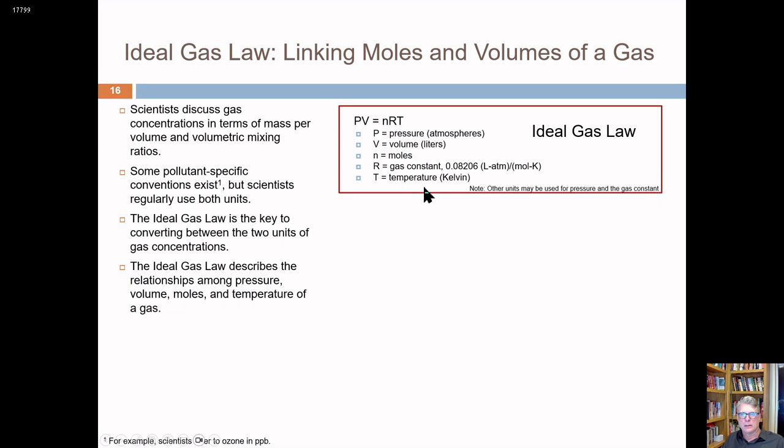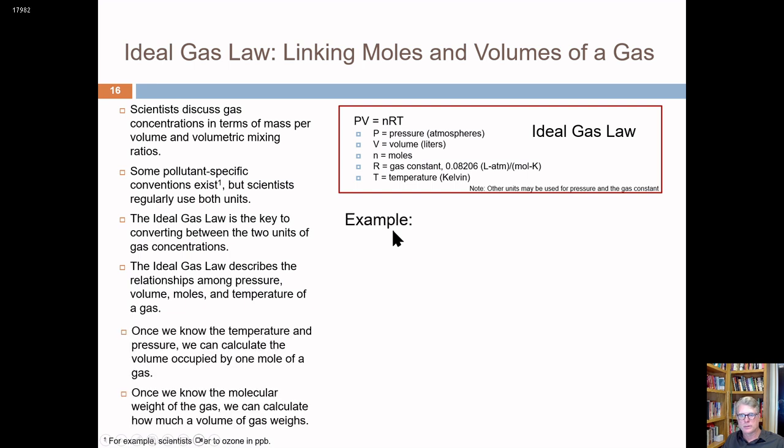And then the temperature in the ideal gas law has to be in Kelvin. So we can use the ideal gas law in combination with the molecular weight of the gas to calculate how much a volume of gas weighs.